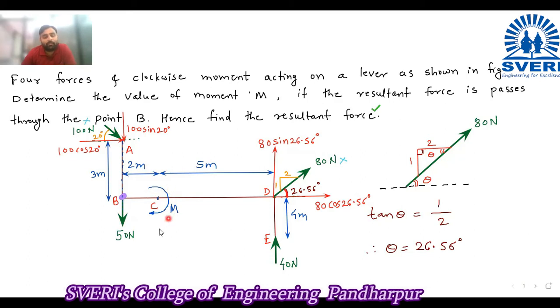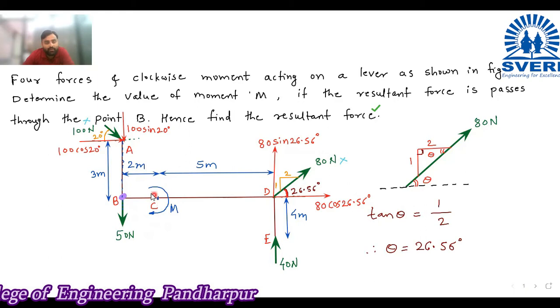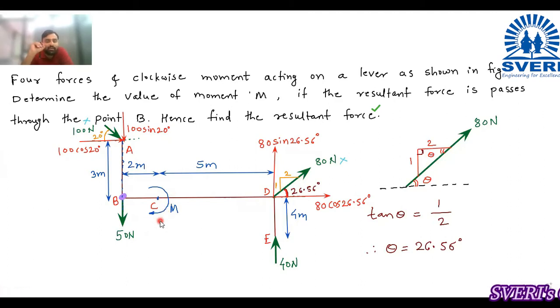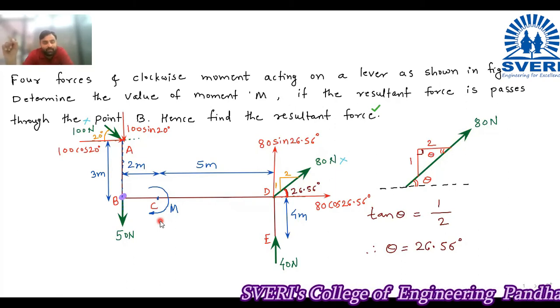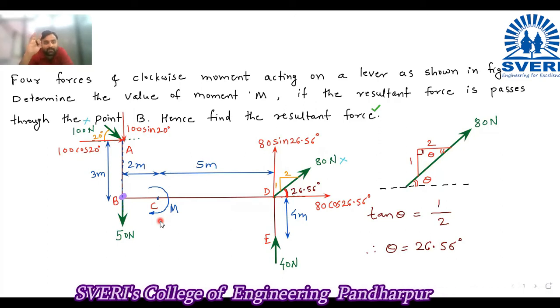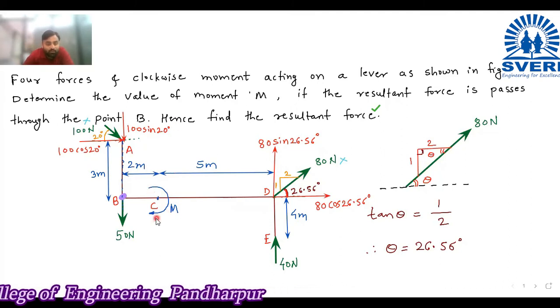Now this is M. This is not a force. Please remember this. We have not considered this in summation Fx, and we have not considered this in summation Fy. Why? Because in summation Fx and summation Fy, F stands for force and X, Y stand for the axes. But this is not a force.